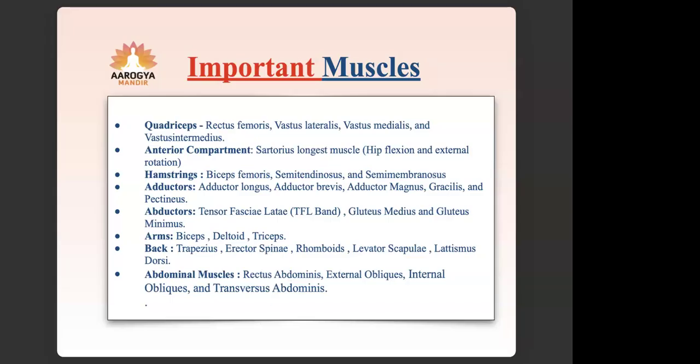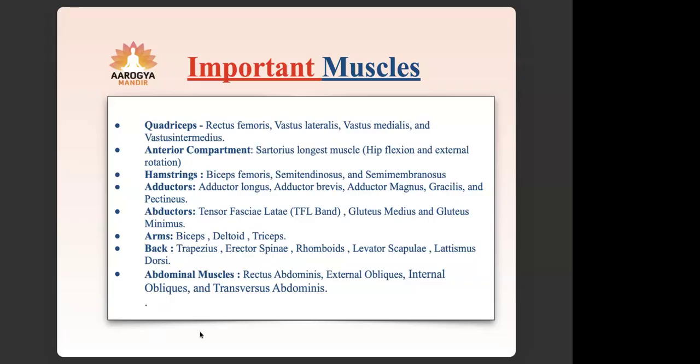Now coming to the inner thighs, which have five important muscles: adductor longus, adductor brevis, adductor magnus, gracilis, and pectineus. Now coming to the outer thigh, which are called abductors, the three important muscles: tensor fasciae latae, gluteus medius, and gluteus minimus.